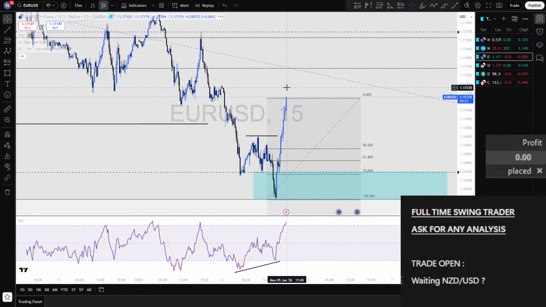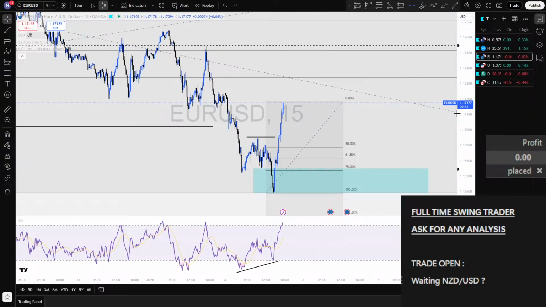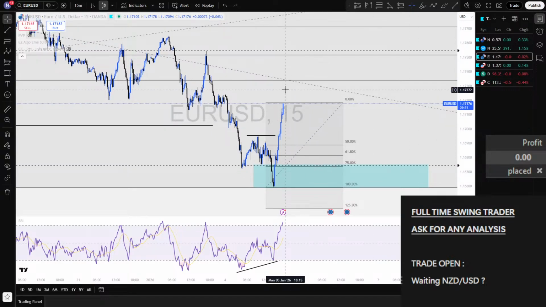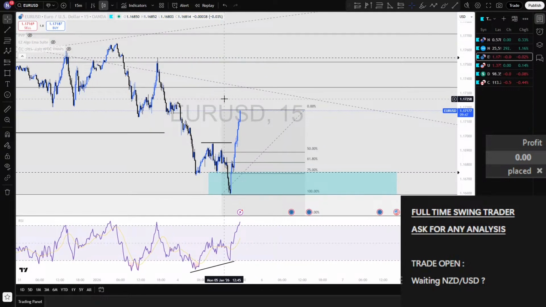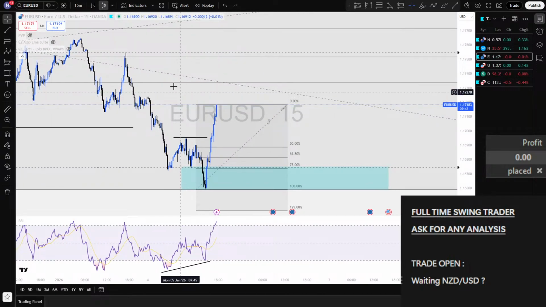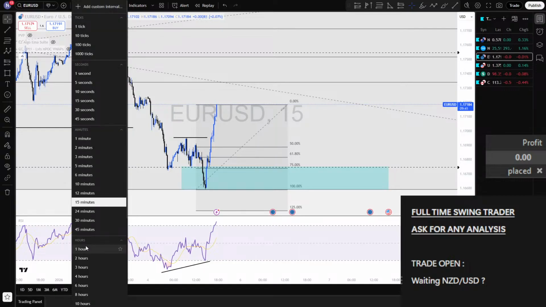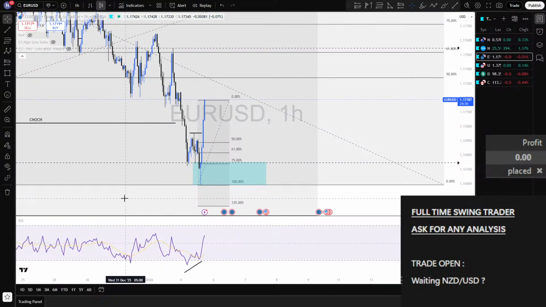EUR USD, I hope. I just see everything push or go down without me. But yeah, it's supposed to go down. It's supposed to pull back.